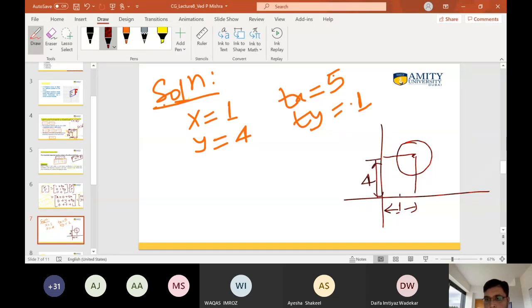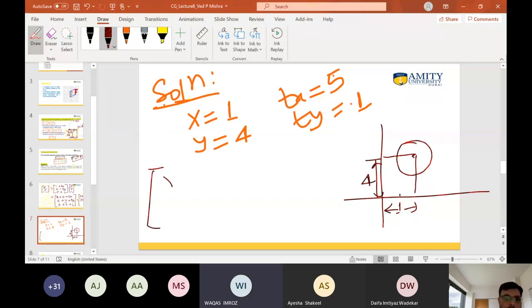Now what do you have to move? The center should go 5 and 1. Tx is given 5 and ty is given 1. Means towards y-axis it should move 1 point, and towards x-axis it should move 5 points.